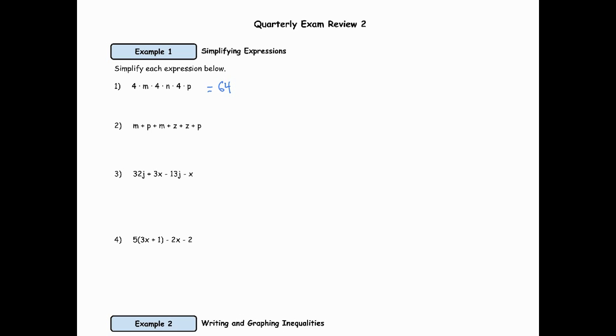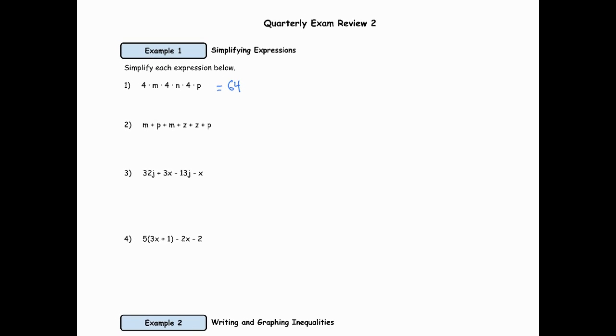And we simply continue the expression multiplying by the variables m times n times p. 64mnp. And that actually means 64 times m times n times p.